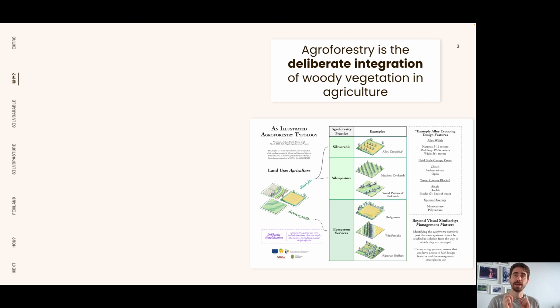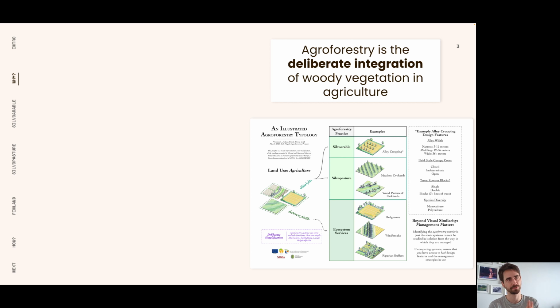And when you make that division between practices that are taking place in field and practices that are taking place between fields, this changes some of the desired outcomes usually. So let's walk through a few examples of that. Within fields, I've highlighted two main agroforestry practices, and you'll notice that these are the same two that we'll talk about quite soon. We'll look at both silvoarable and silvopasture. So in English, it's a combination from the Latin silvo, either tree or forest.